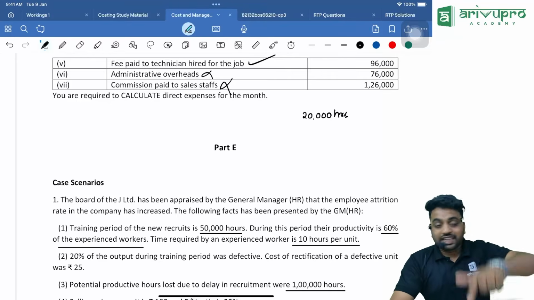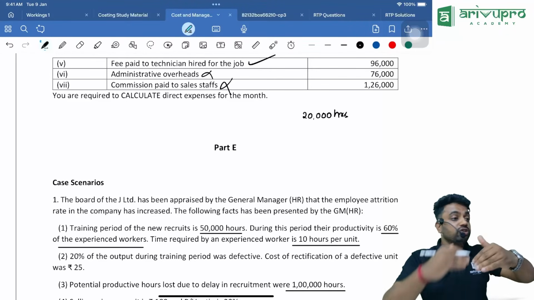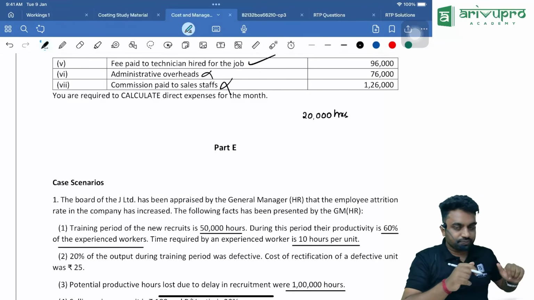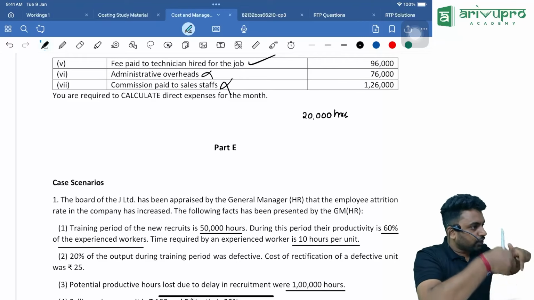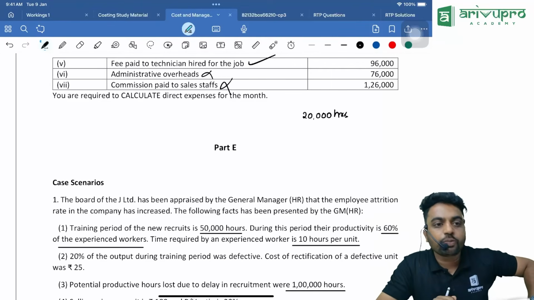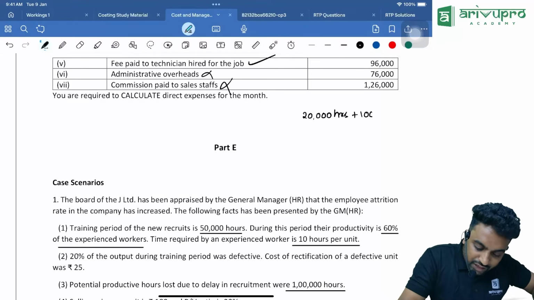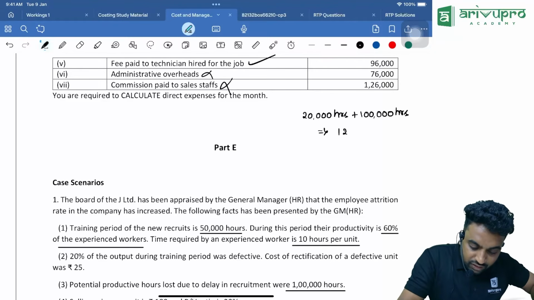If our experienced workers worked for those 50,000 hours, they would have produced more, because in 30,000 hours they would have produced what these guys produce in 50,000 hours. In the extra 20,000 hours, they would have produced more. Plus, we are losing 1 lakh hours due to delay in recruitment. Total we are losing 120,000 hours.